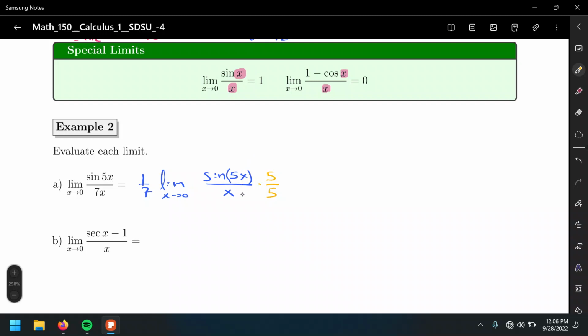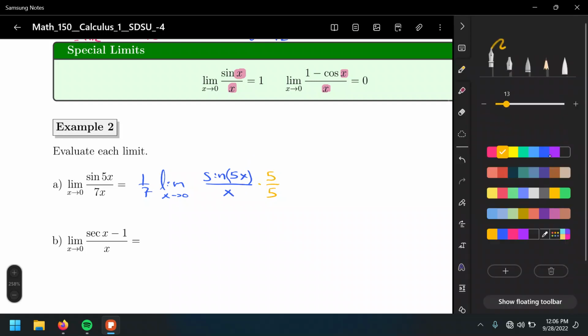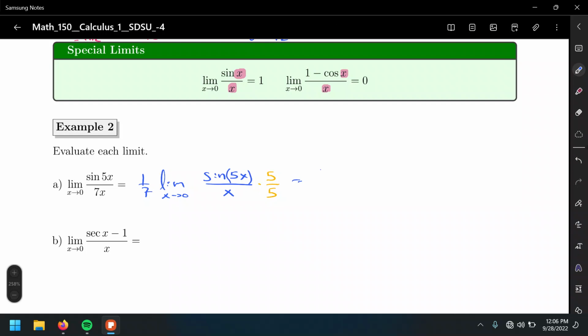Well, what am I going to do? I'm going to put these two together. Limit, well, actually let me leave a space in here. Limit sine 5x over 5x, and that remaining 5 right here, I'm going to have it outside multiplying with the limit.